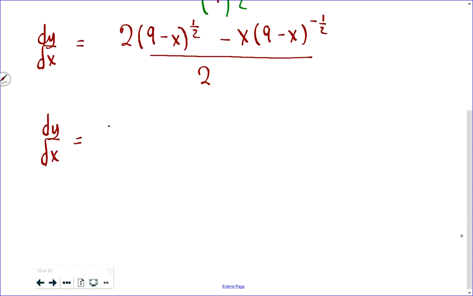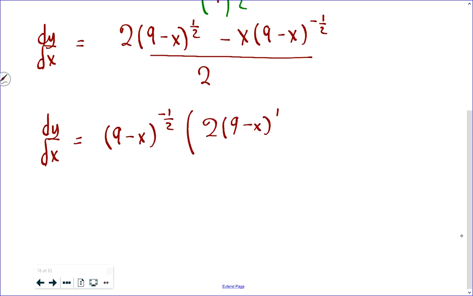What I mean by that is I'm going to factor out the base raised to the lowest exponent, which will be 9 minus x to the negative half. And then I'm going to have left 2 times 9 minus x to the 1. Why do I have left 9 minus x to the 1 when I take 9 minus x to the negative half out of 9 minus x to the positive half?